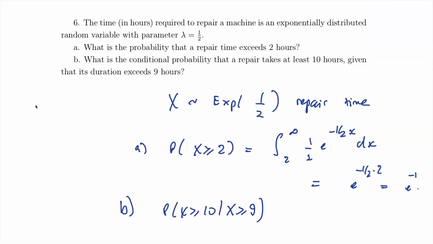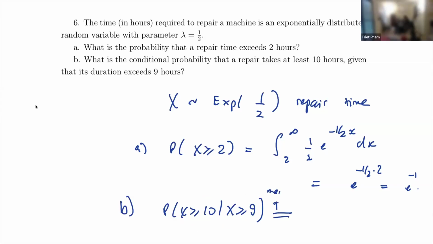Use the memoryless property. You can calculate straight, I'm not saying it's hard, but you can bypass all the writing by using the memoryless property. You could just say so, to say that it's probability X bigger than or equal to 1.